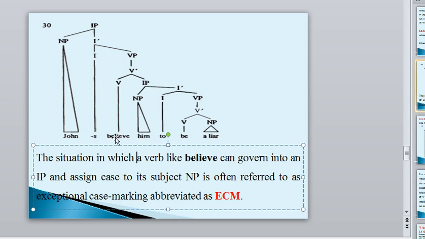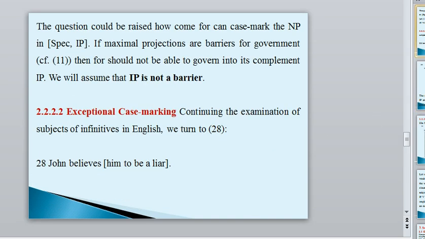So we can say John believes him to be a liar. We call this kind of case assigning exceptional case assigning, or ECM, the abbreviation ECM. So this is exceptional case assigning which we use in the infinitive clauses in English.